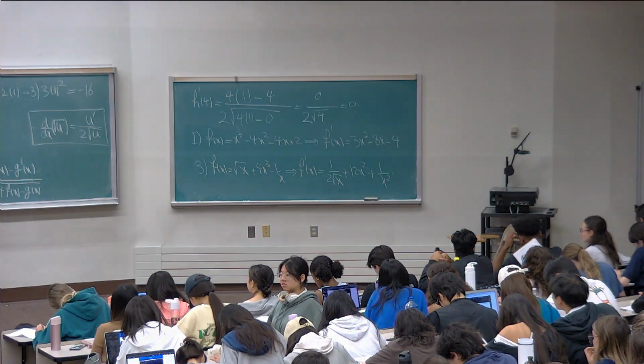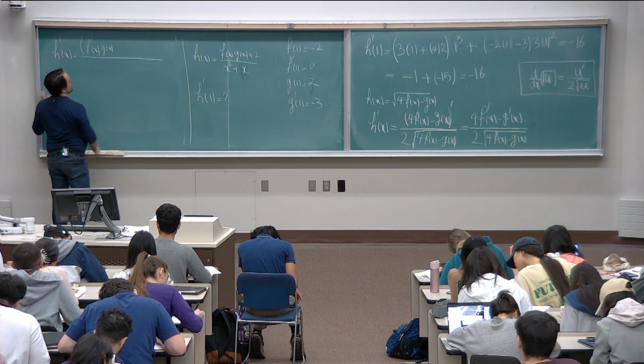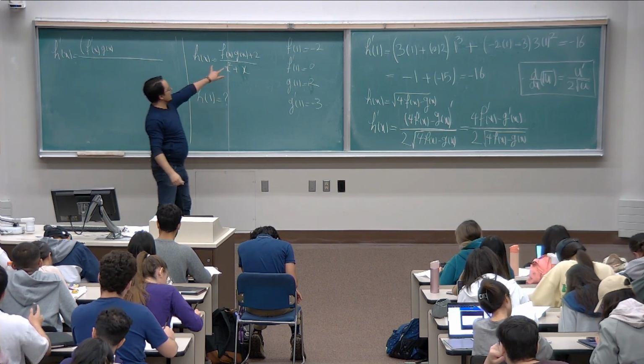Quotient rule: derivative of the numerator, but the derivative of the numerator also has the product.